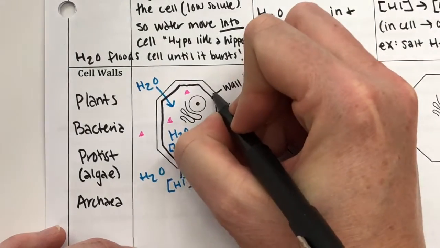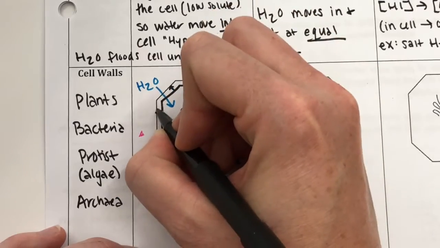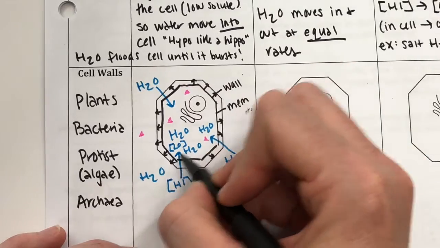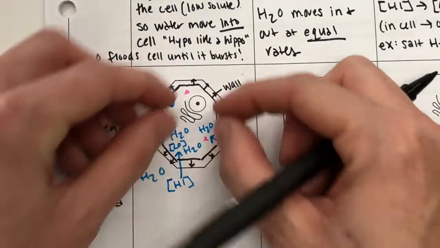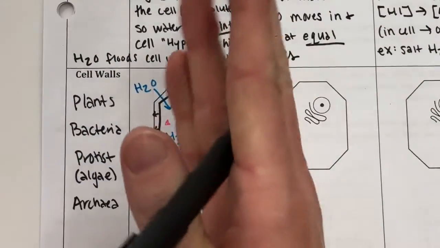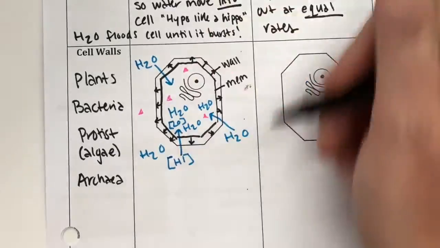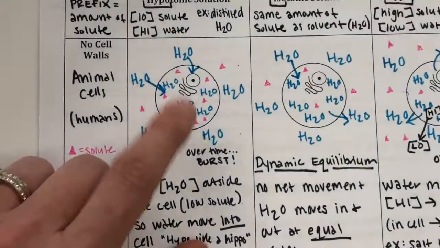So we're going to draw some arrows here showing this pressure. And this is called turgor pressure. And as you know, it's very important for plants to stand upright and face their leaves towards the sun, because that's how they get energy. So this turgor pressure that pushes out on the cells is actually really helpful and makes the plant stand really tall, upright. So this is turgor pressure, and this is actually a healthy situation for a plant and an algae, unlike it being a healthy situation here.